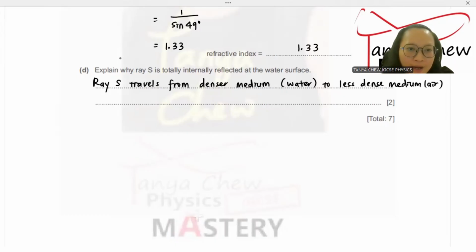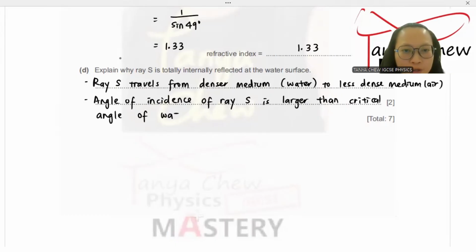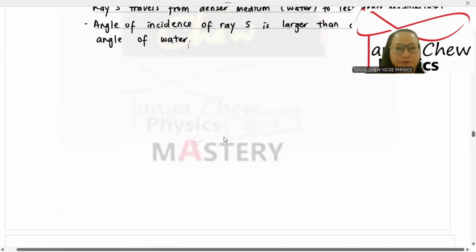And the angle of incidence of ray S is larger than the critical angle of water. That is why total internal reflection occurs.